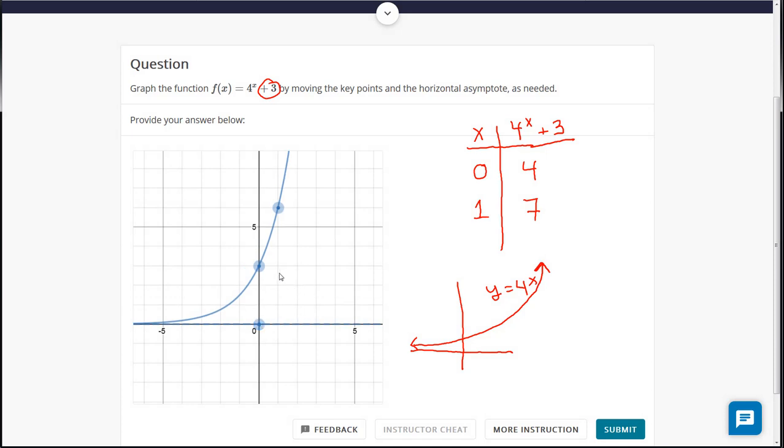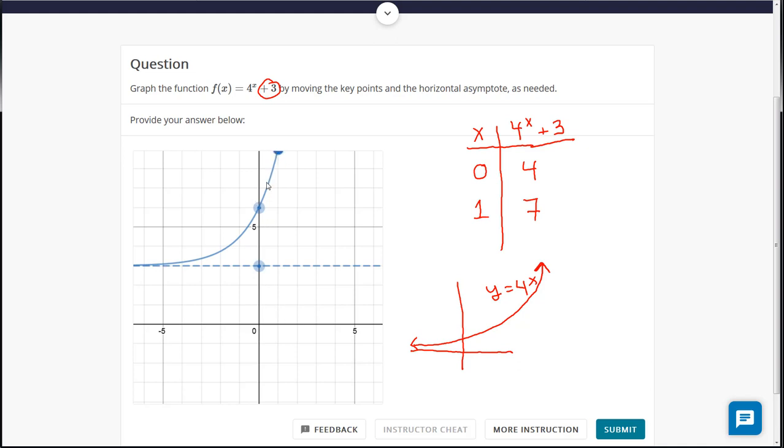If this was a regular exponential function, then the x-axis would be a horizontal asymptote. But it's not. It's moved up by 3. So I need to move that horizontal asymptote up to 3.